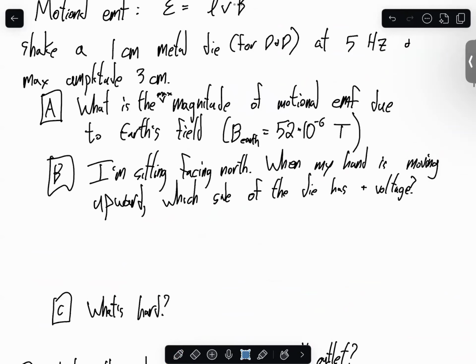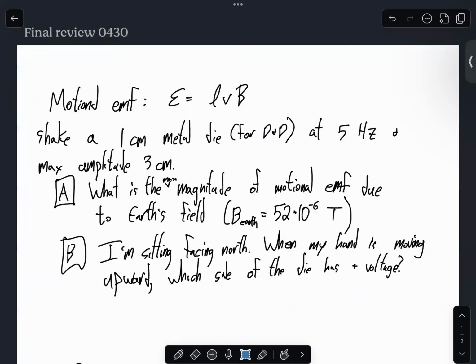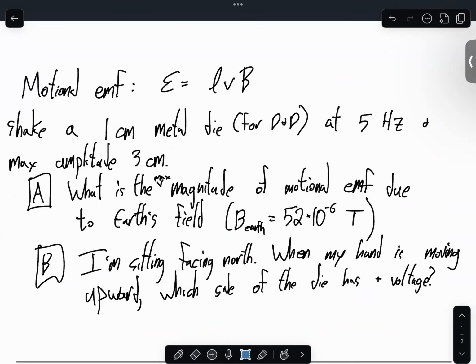Okay, let's do a motional EMF problem, and let's do it in a nerdy context. I've got a metal D20, a 20-sided die for Dungeons and Dragons, and I'm just about to beat the big bad evil guy. Strahd can suck my sun sword.